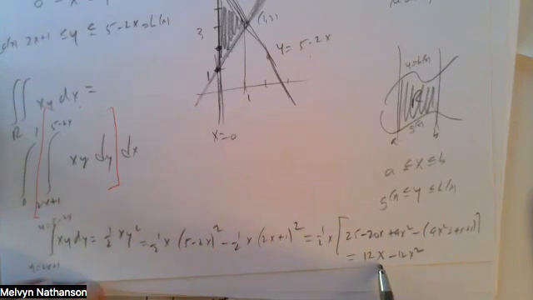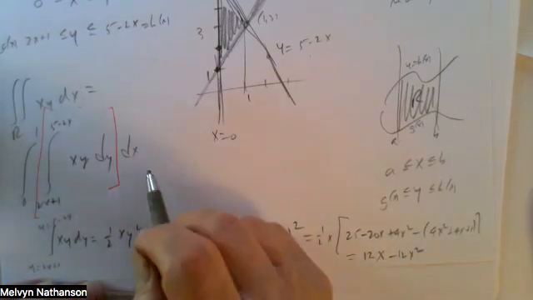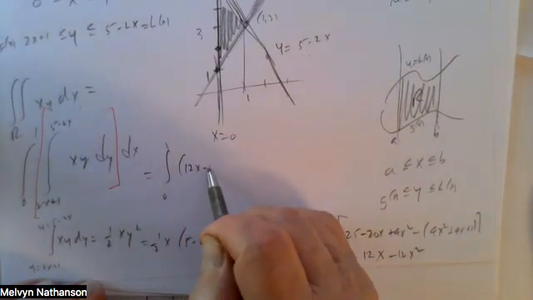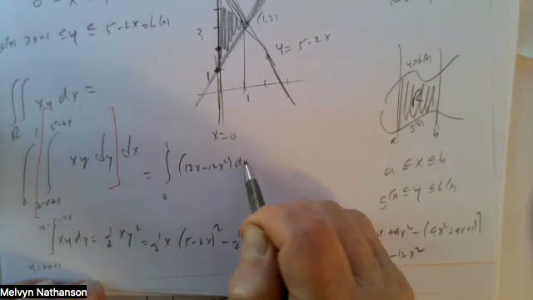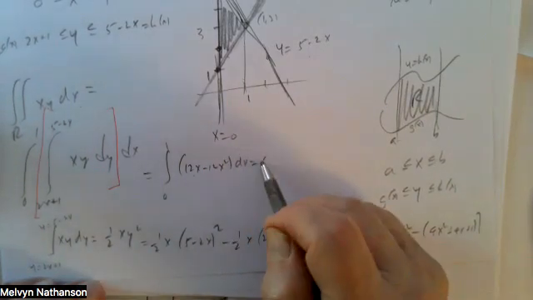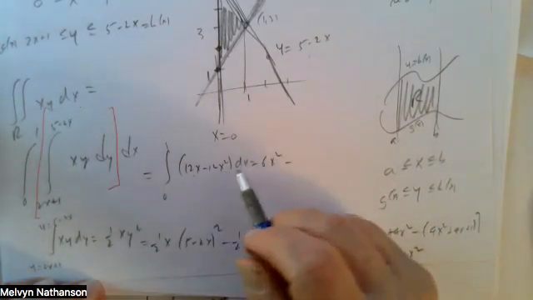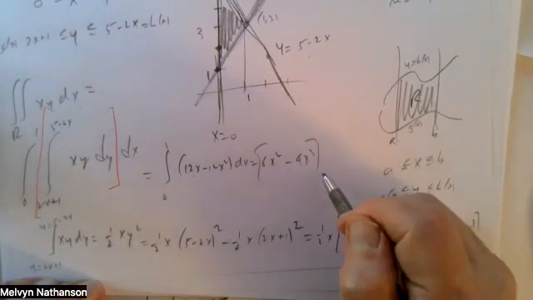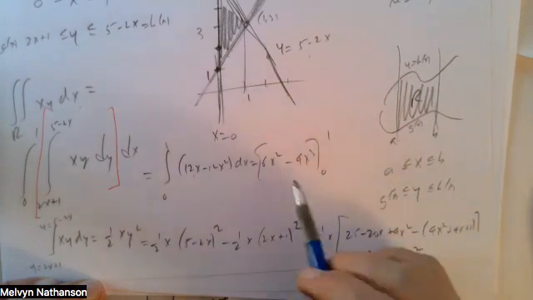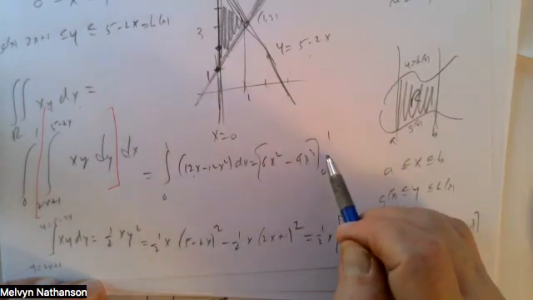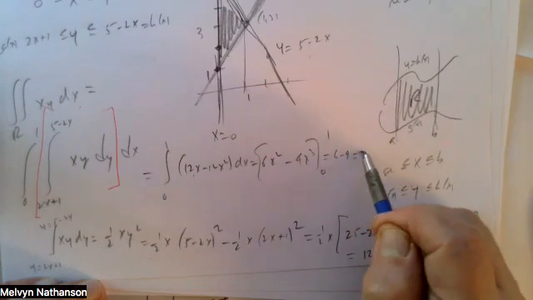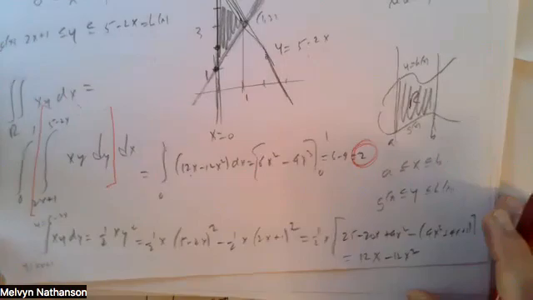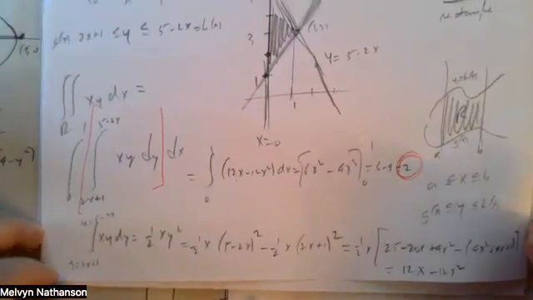So this inside integral is 12x minus 12x squared. So this is the integral from 0 to 1 of 12x minus 12x squared. The integral of 12x is 6x squared, and the integral of 12x squared is 4x cubed. I'm evaluating that from 0 to 1. That's 6 minus 4, which is 2. So the value of this integral is 2.